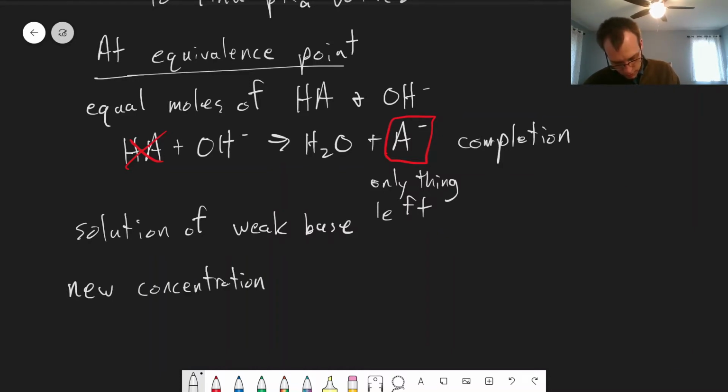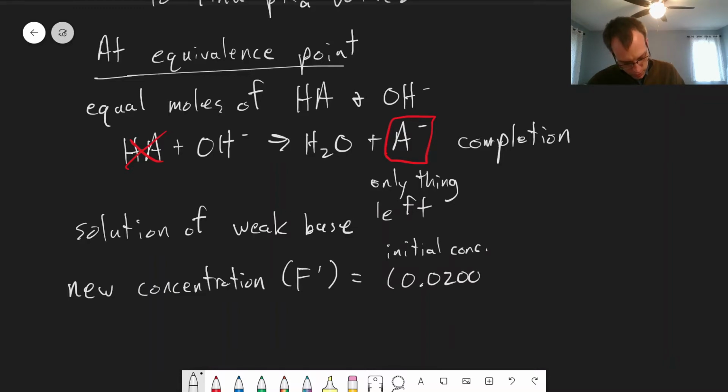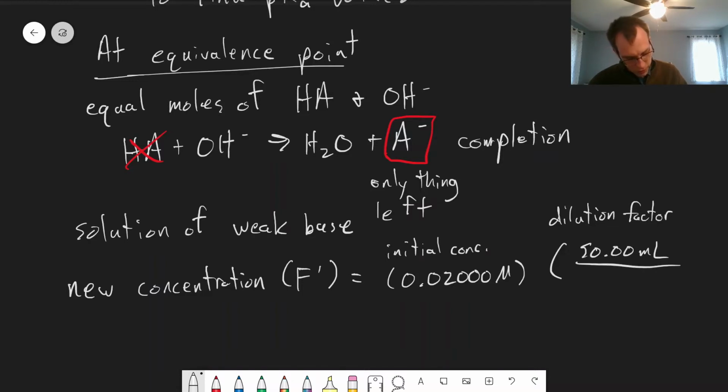in the book they call this F prime, the formal concentration but now diluted, is we're going to take our initial concentration, so that's our 0.02 molar, times the dilution factor. And this will be the ratio between the volume we started with, 50 milliliters, divided by our final volume.